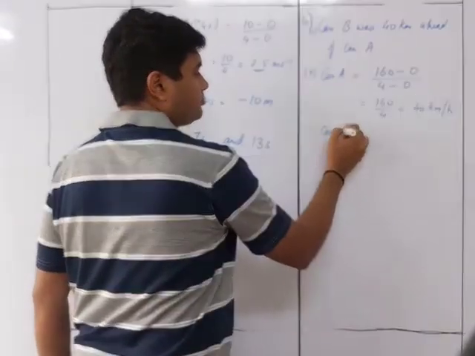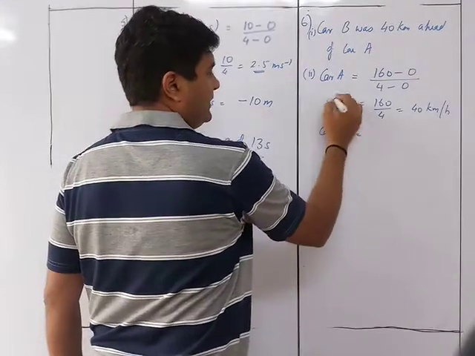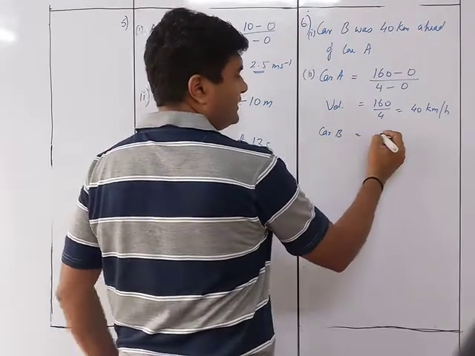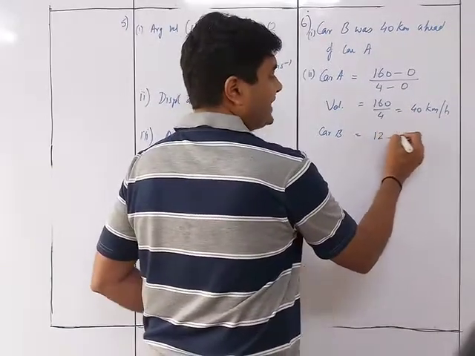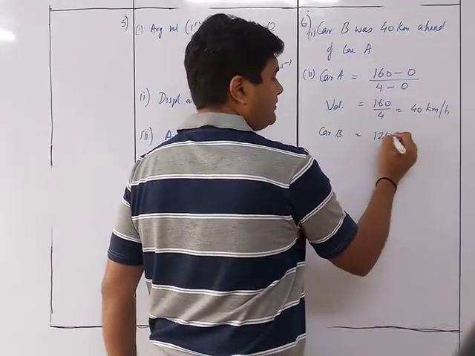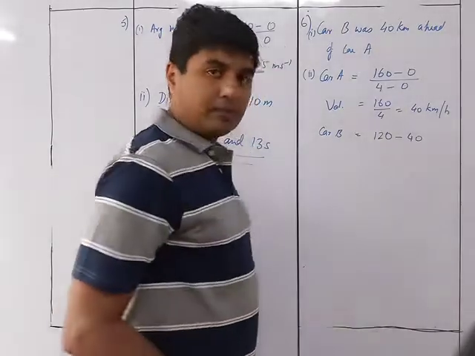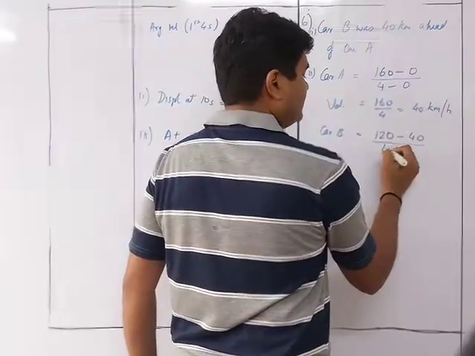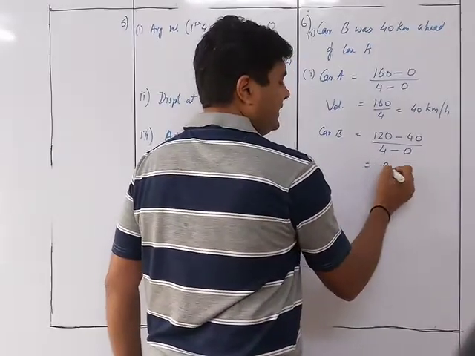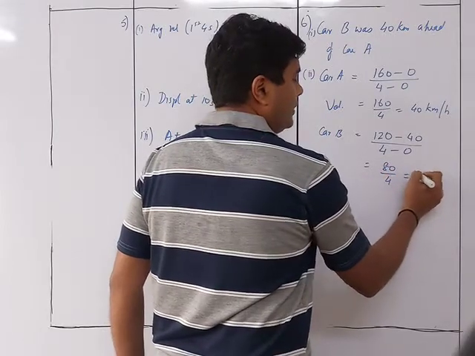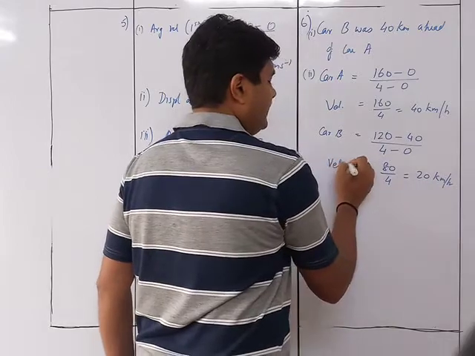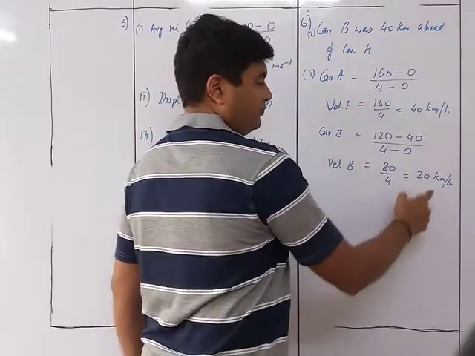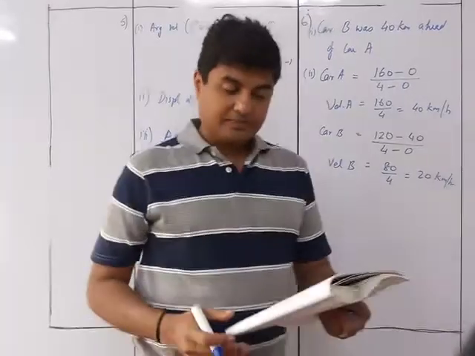Car B, this is the velocity. Car B is reaching 120, but it started not from 0, but from 40. So in 4 hours, it is traveling 80 upon 4, which is equal to a speed of 20 kilometers per hour. So velocity of B is 20 kilometers per hour.